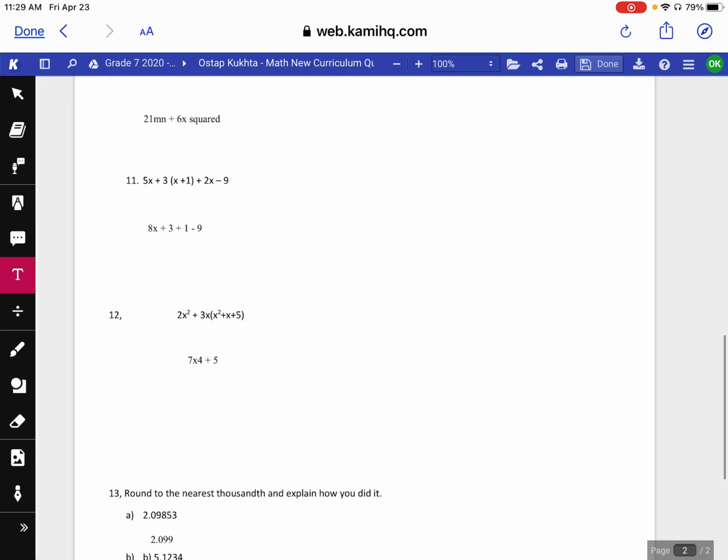So 12 is pretty easy. You gotta add 2x squared with the 3x squared, which is 5x squared. And then you gotta add the 2 x's.